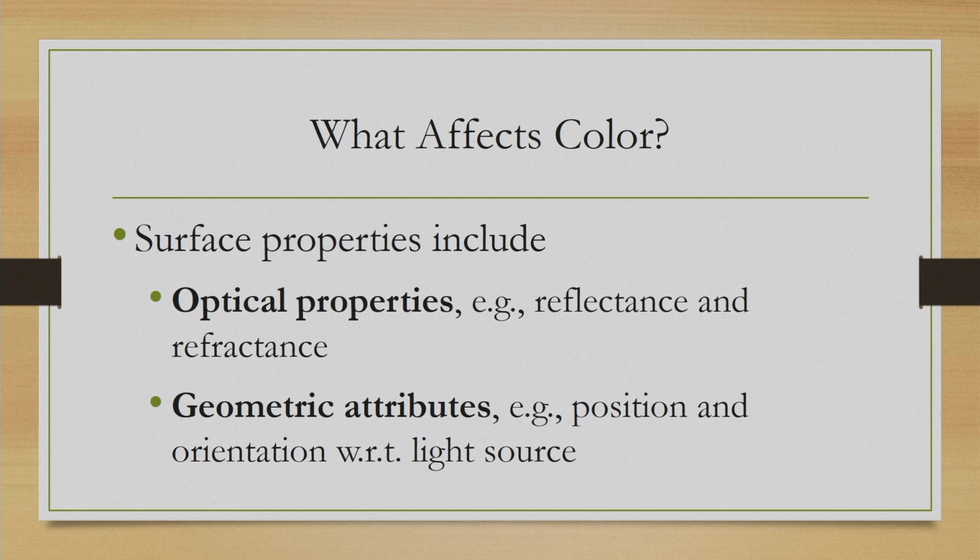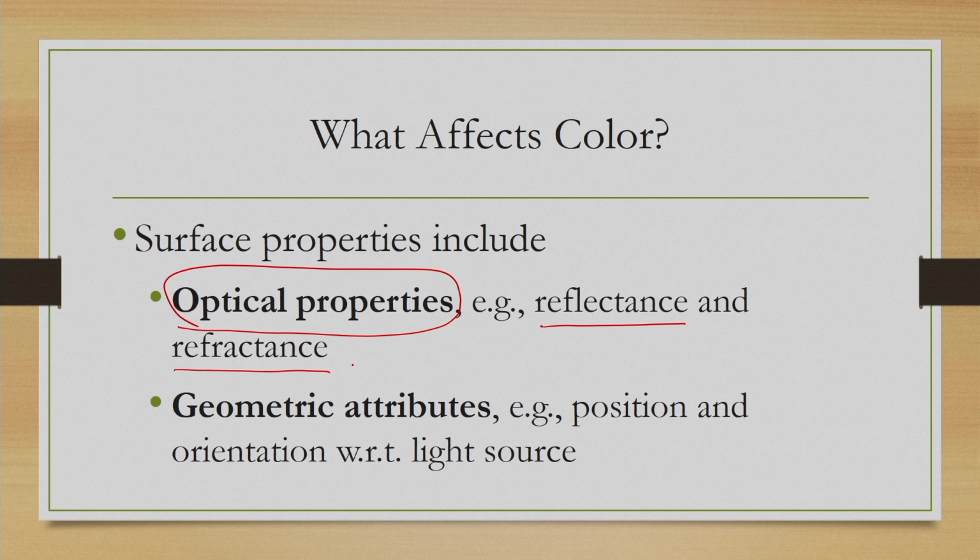Now, surface properties include two types of properties: optical properties such as reflectance and refractance. I hope you may be aware of these terms. Reflectance refers to the fact that some portion of light gets reflected, some gets absorbed.